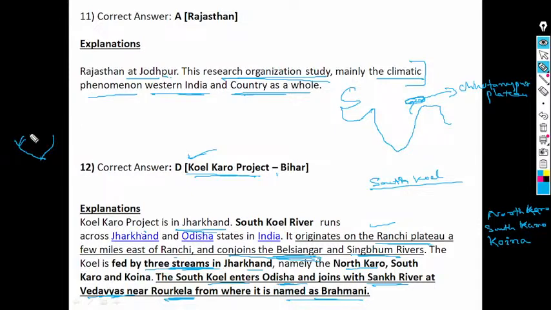This is your Sankh River and this is your Koel. This is located at Vedavyas, where it is named the river Brahmani.